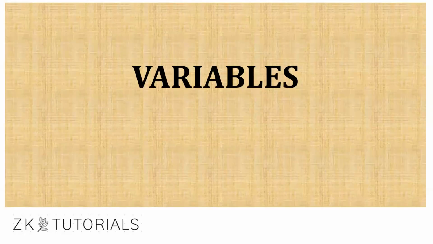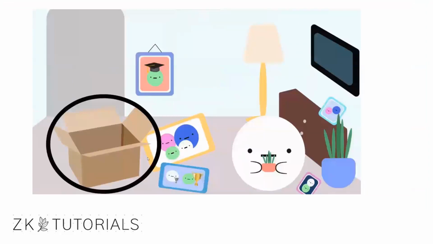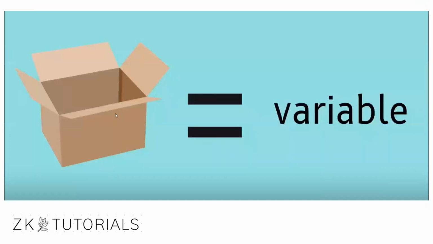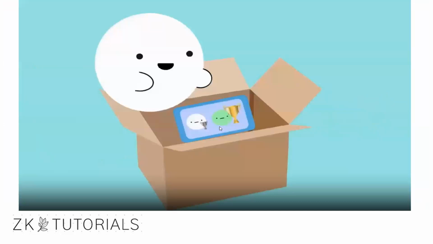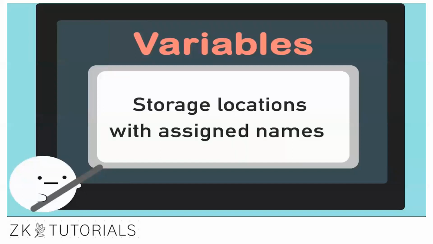And we learned what variables are. I took one example: if you are selling your house and you want to pack all your things, you take an empty box. This empty box is your variable, and you put your things or data inside that variable. Then you give a name to that box.